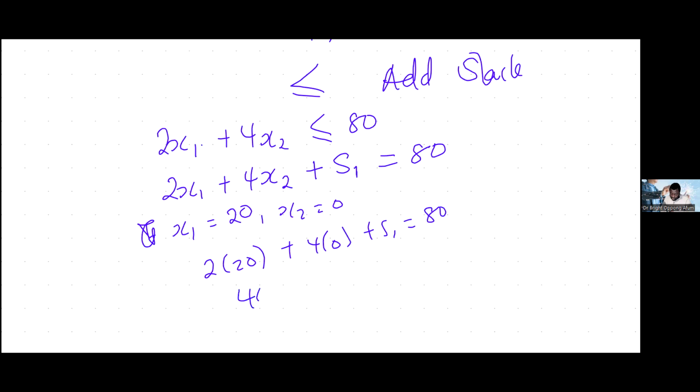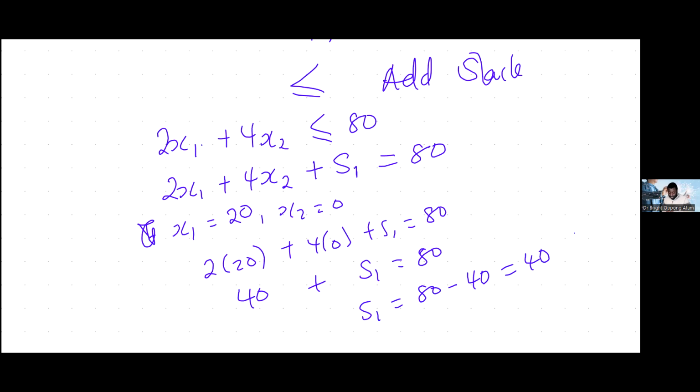So 40 plus s1 is equal to 80, and therefore s1 is equal to 80 minus 40, which is 40. We will later explain the meaning of the slack variable, but for now, the slack variable in this case becomes an unused resource.